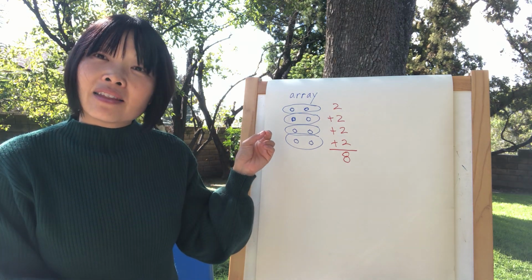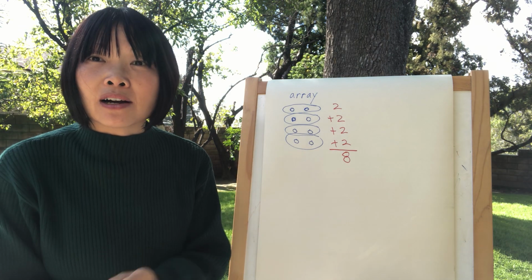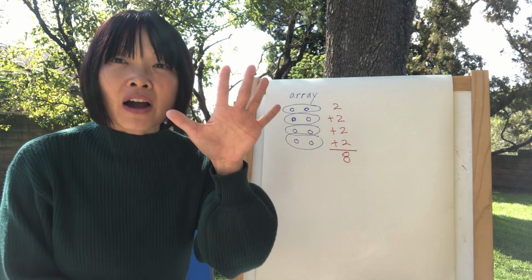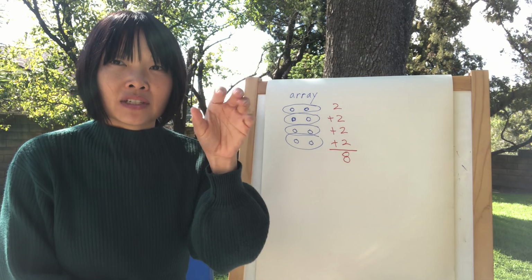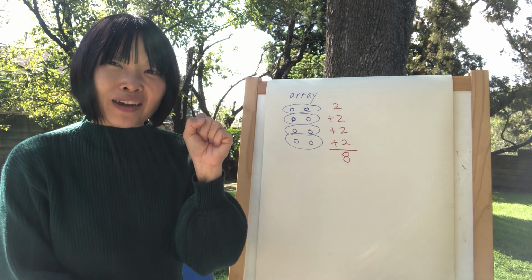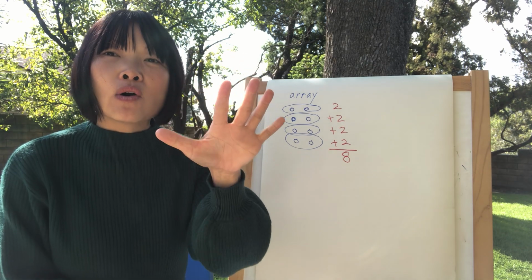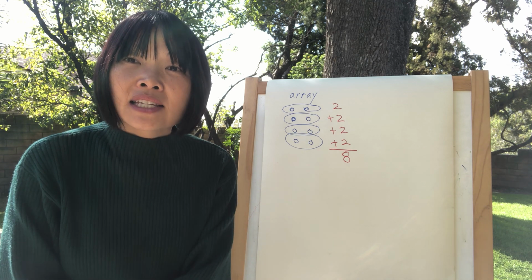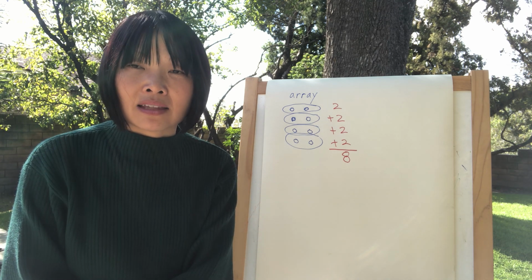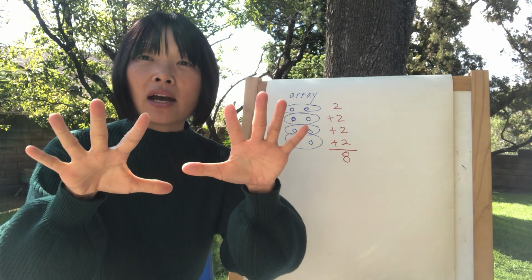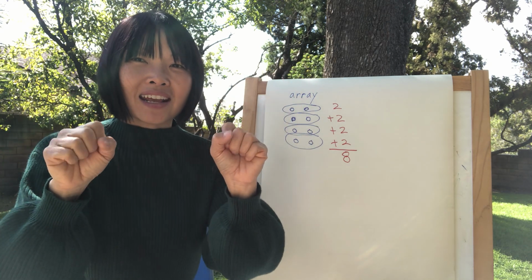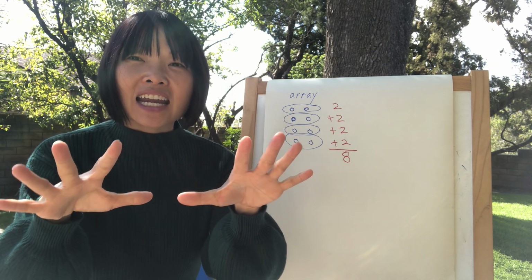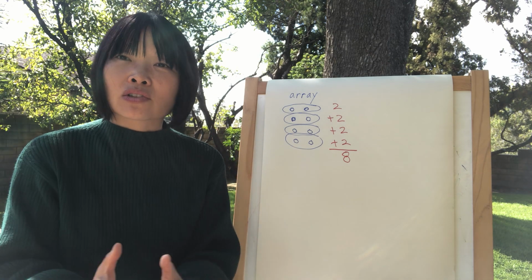If these were groups of 5, then counting by 5s would sound like this. 5, 10, 15, 20, 25, 30, 35, 40, and so on. Here's the last example. Skip counting by 10s would sound like this. 10, 20, 30, 40, 50, 60, 70, 80, 90, 100, and so on.